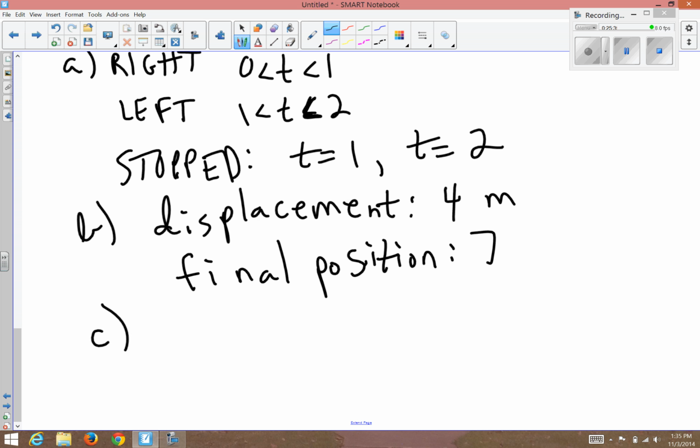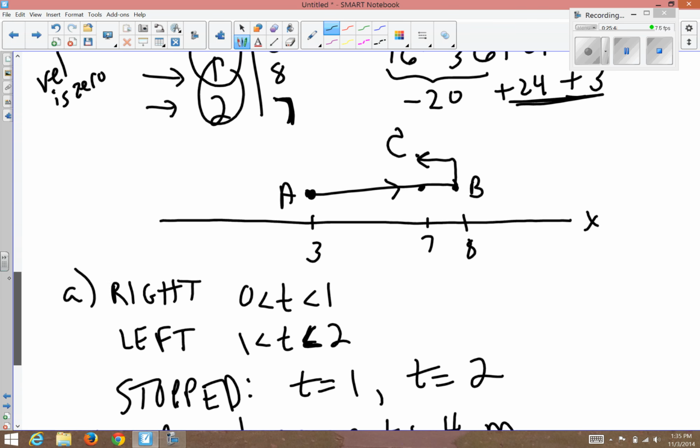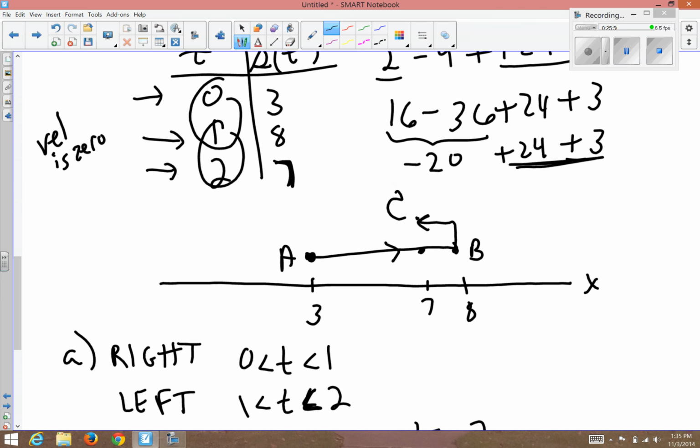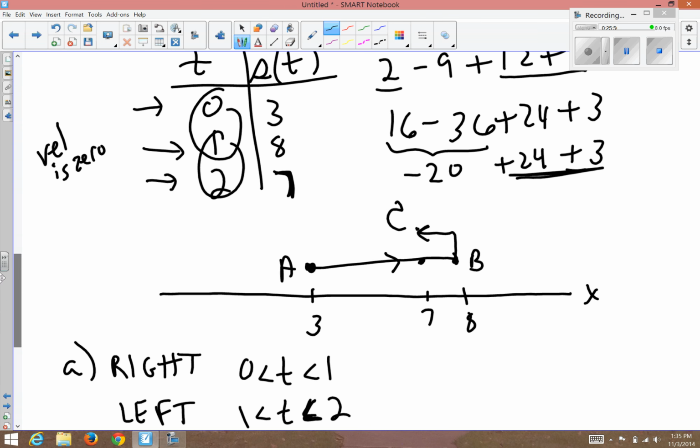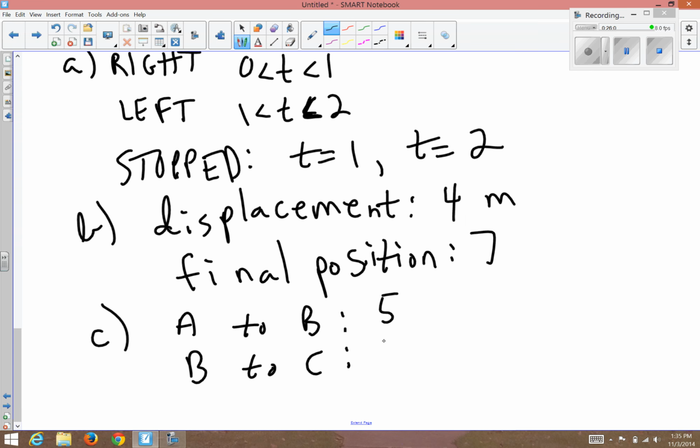Part C, asking for the total distance. So I just look and see how far is it from A to B. From point A to point B is how far? From 3 to 8. That's 8 minus 3. And then when it went from B to point C, how far is it from B to C? That's from 8 to 7, 8 minus 7. It's 1 unit.